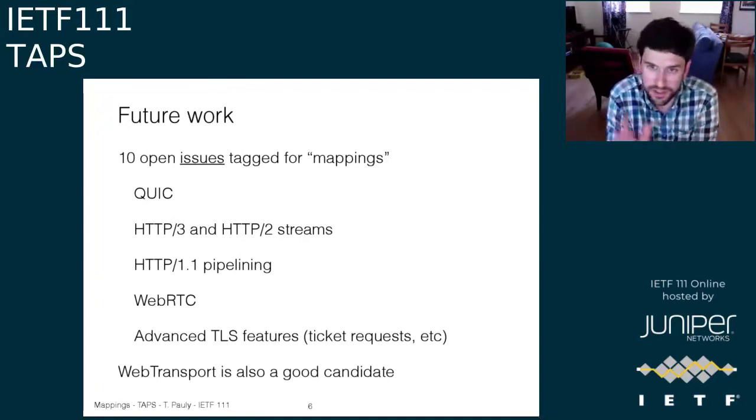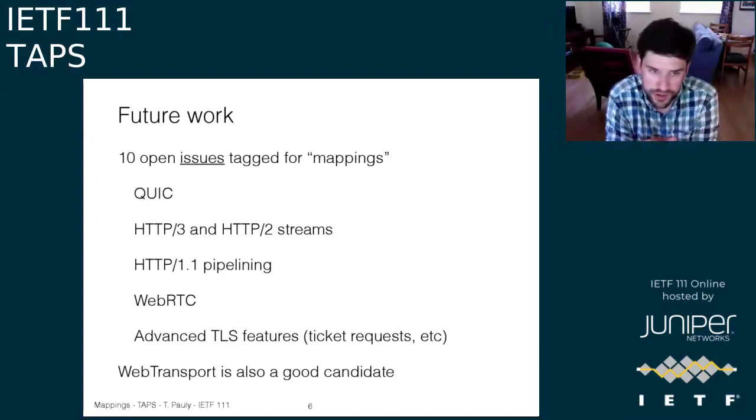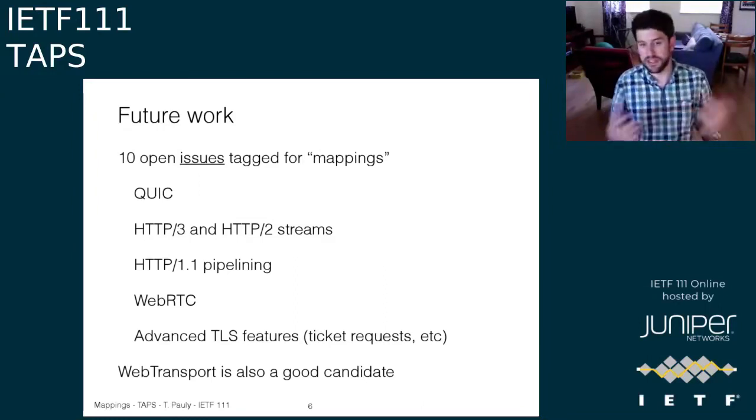These are things that could race against each other and are in a lot of ways useful as a transport stream. We have an issue around how you would handle HTTP/1 pipelining, an issue around what a WebRTC transport looks like, and one talking about TLS as a transport.